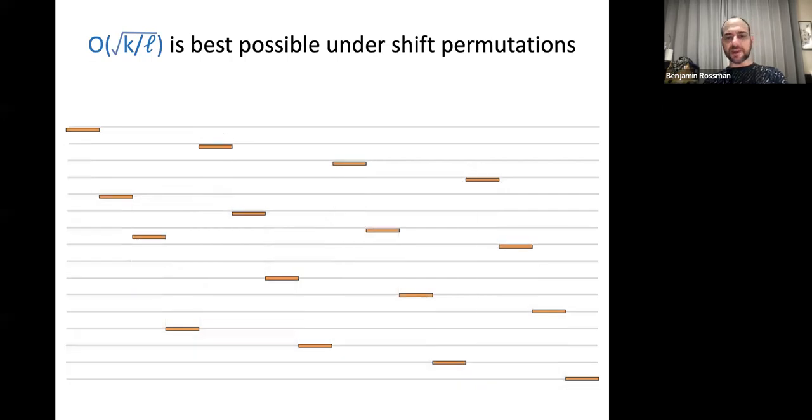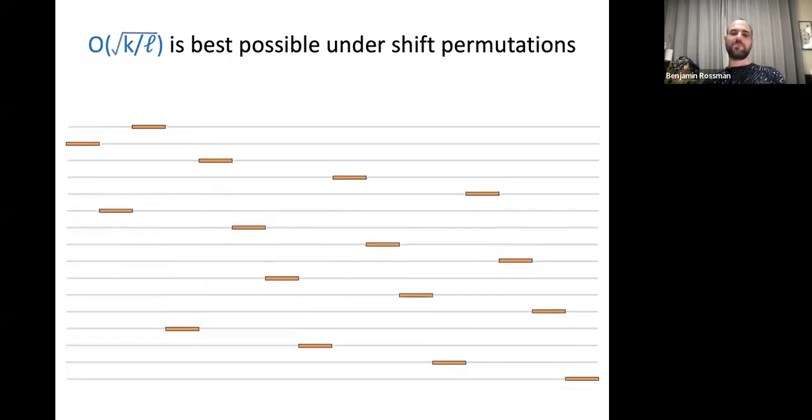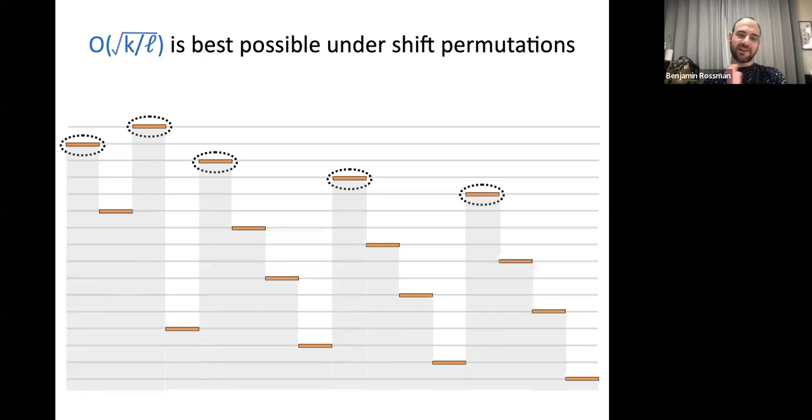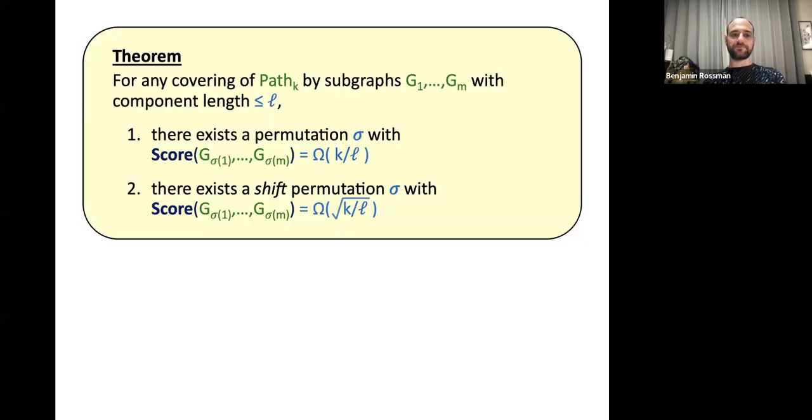You can do a little better by this shift permutation, which gives 5, but in general you can achieve omega root k over L, and that's best possible. So we've stated both of these results: for all permutations, we can always obtain score at least k over L, or root k over L in the case of shift permutations.